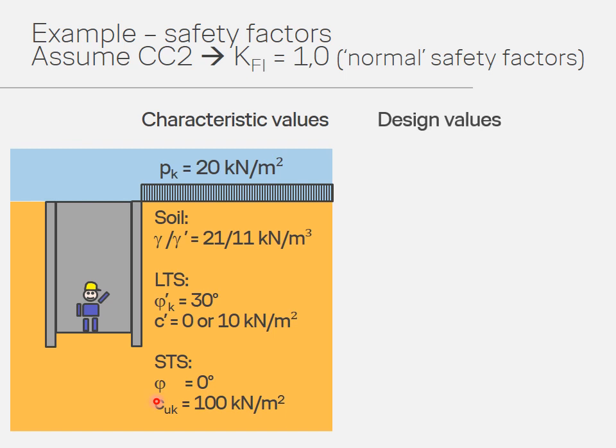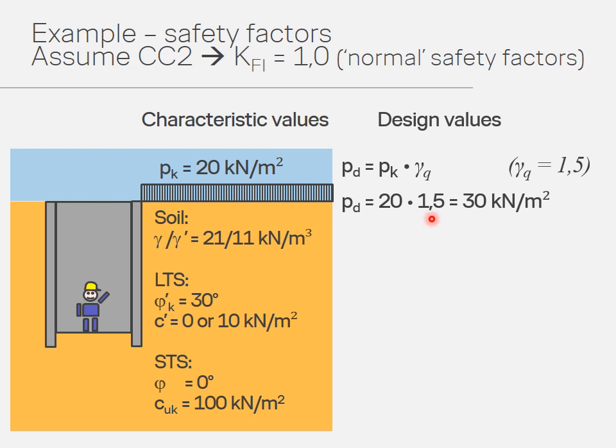So for design purposes, we would need to change the characteristic values into design values. For the surface load, we increase the load by the safety factor, meaning that we have the 20 kilonewton per square meter multiplied by 1.5, giving us a design load of 30 kilonewton per square meter.